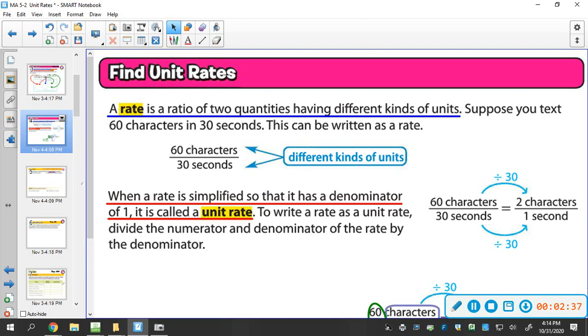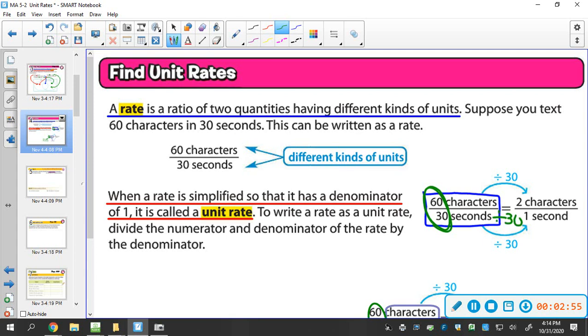So notice on the left here, we took our 60 characters over 30 seconds, and what they really did is they took their two numbers and simplified them. Okay? To get 30 into 1, well, anything divided by itself is 1. So that's why I know I divide by 30. For the 60, the same thing. If I divide by 30 on the bottom, I have to divide by 30 on the top.